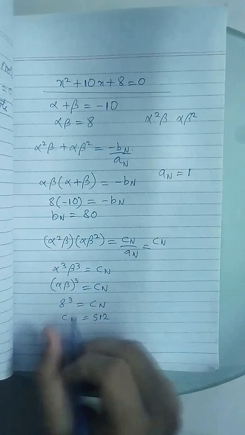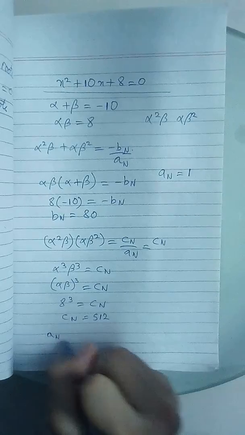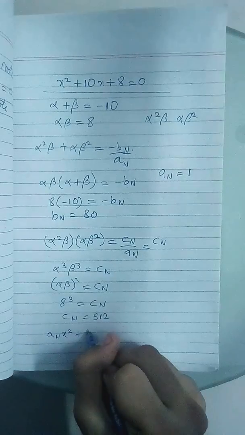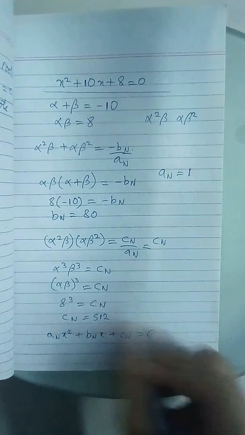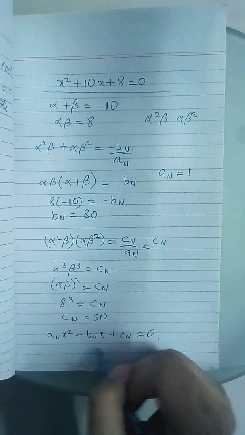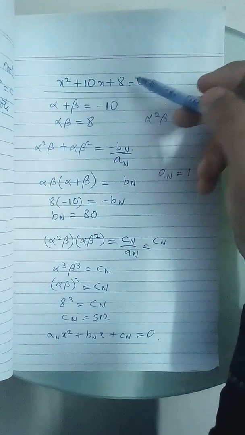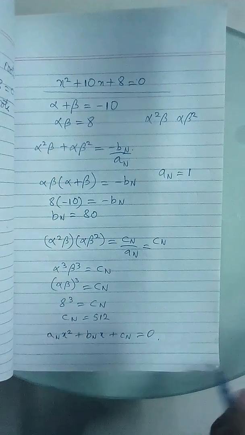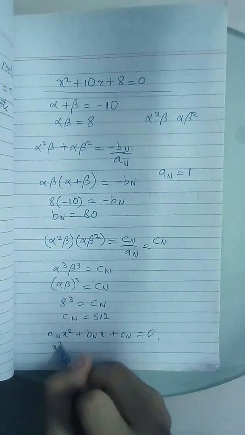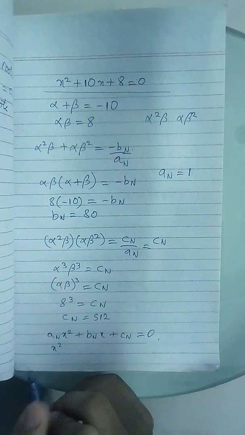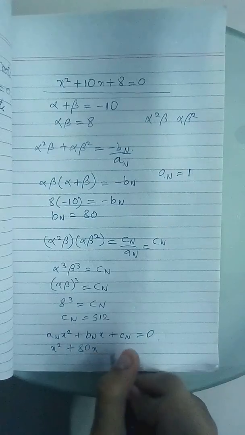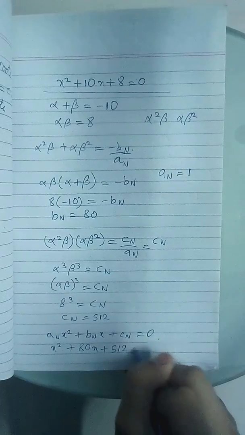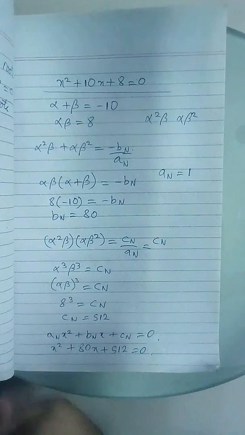So now we have An equals 1, and the equation An x square plus bnx plus Cn equals 0. N is kept in order to prevent confusion between this equation and the new equation we are going to obtain. We write x square as it is, bn is calculated to be 80, and Cn is equal to 512, and we have the solution over here.